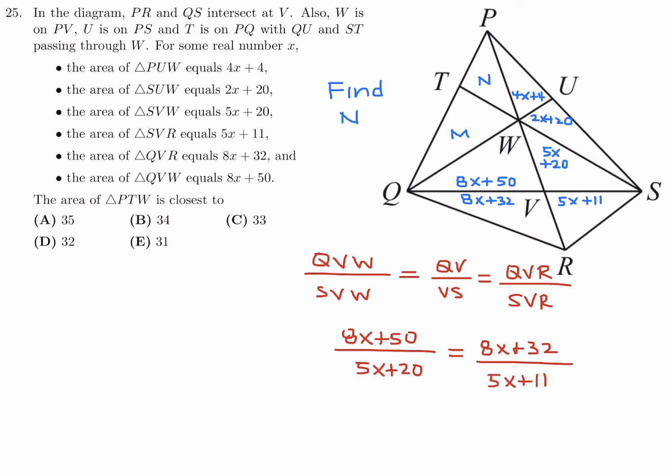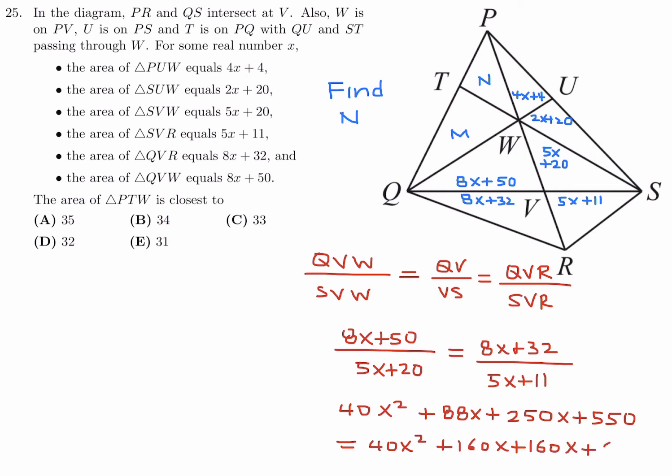And then cross multiply, and when we do, we get 40x squared plus 88x plus 550x plus 250x plus 550. And then the other side is going to be 40x squared plus 160x plus 160x plus 640.